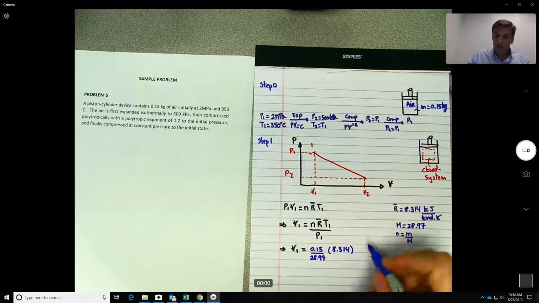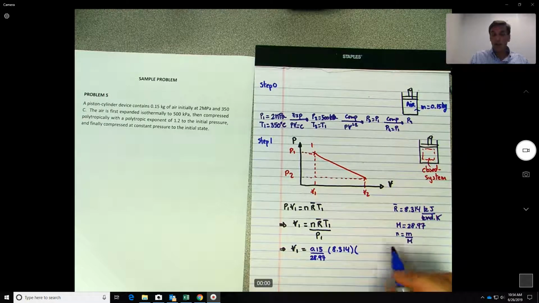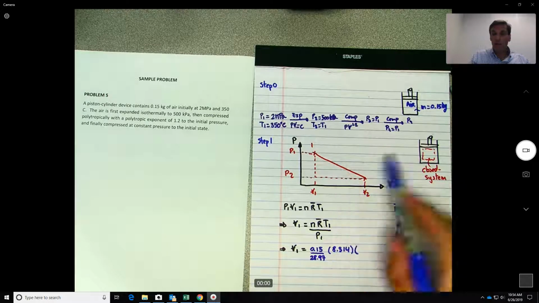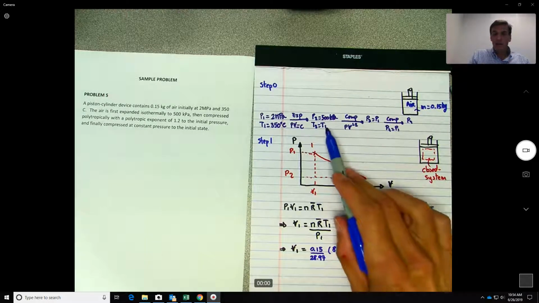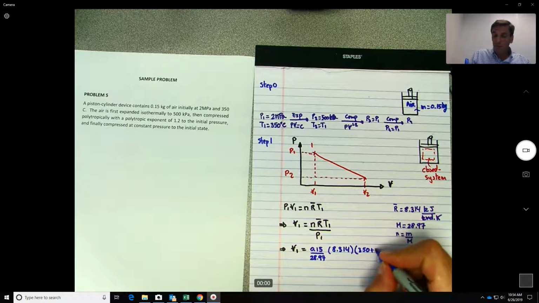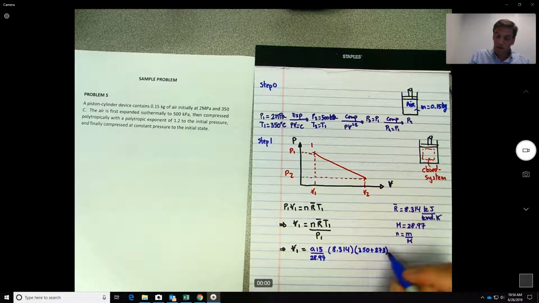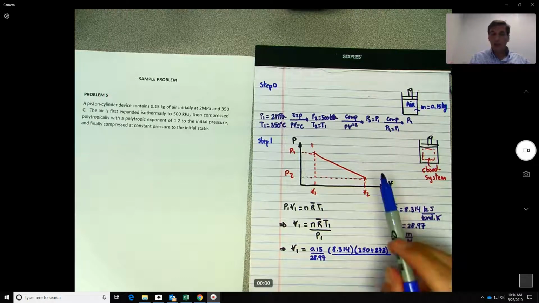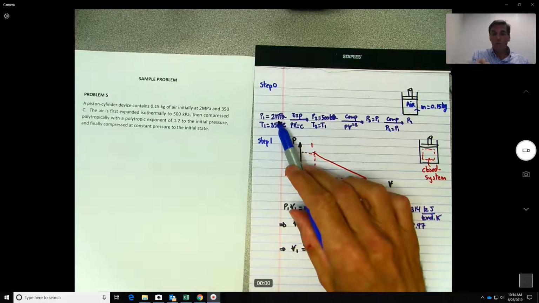Okay. And T1, remember the units here are Kelvin. We have T1 in Celsius, so we need to do 350 plus 273, divided by P1, which is 2 megapascals.